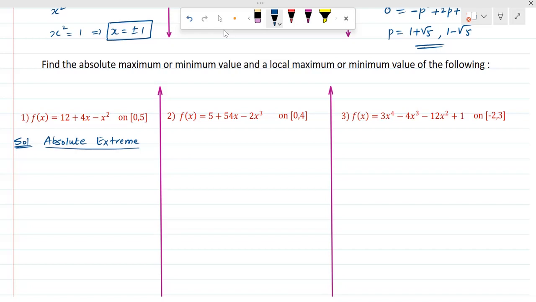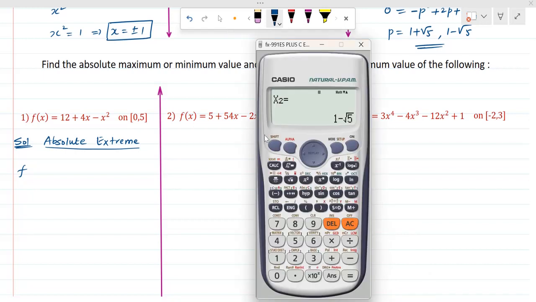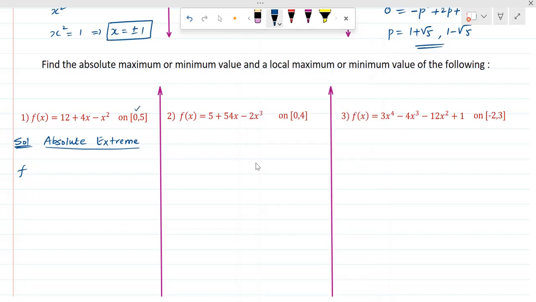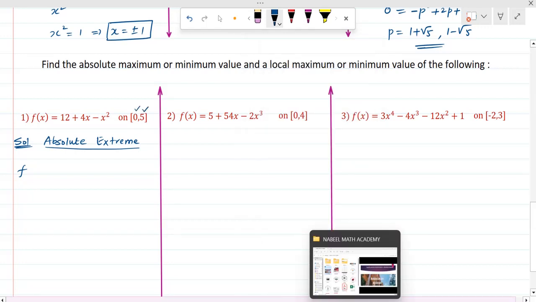So here we will have the function f of x. f of x is given. Now I just substitute the value. So I just fix the function here in the calculator. So here we will have 12 plus 4x minus x square. Then with calc, give the value of the upper and lower limit, the interval.